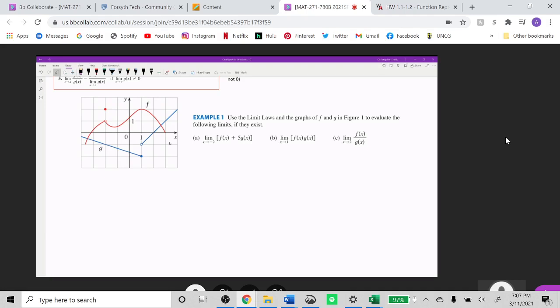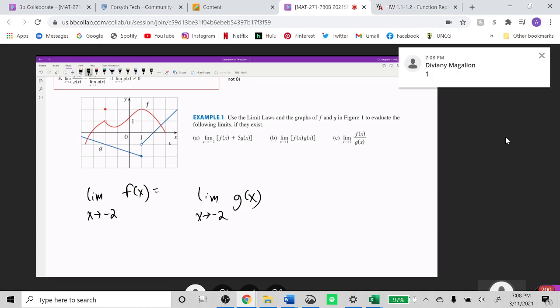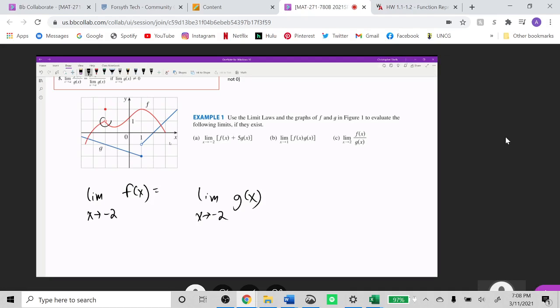What I would probably go ahead and do in this case is find these limits individually. What's the limit of f of x as x approaches -2? Looks like it's right here.